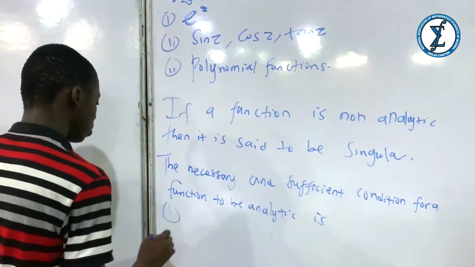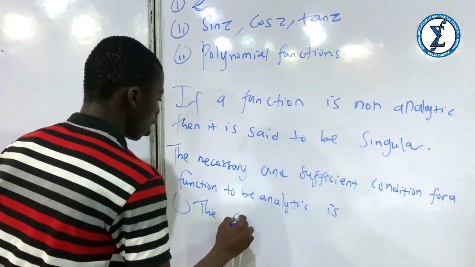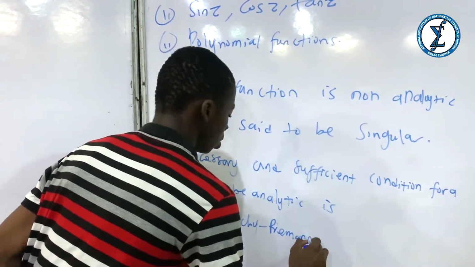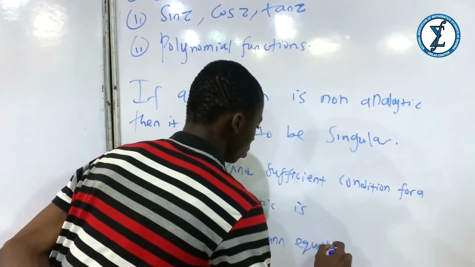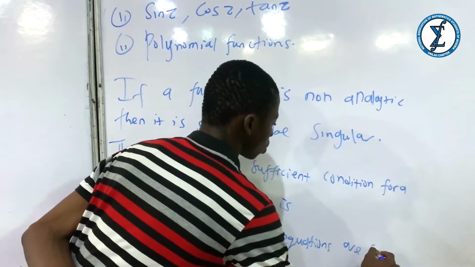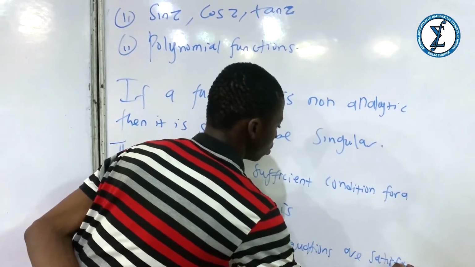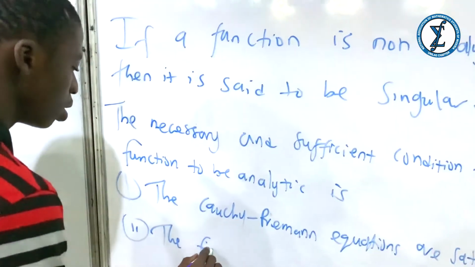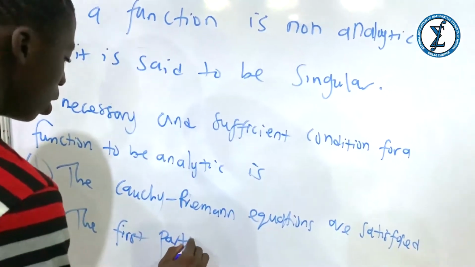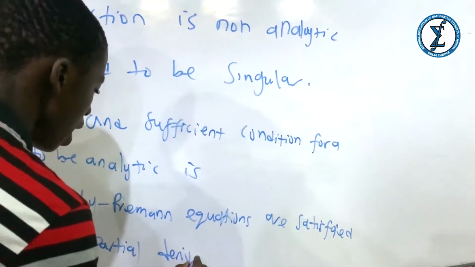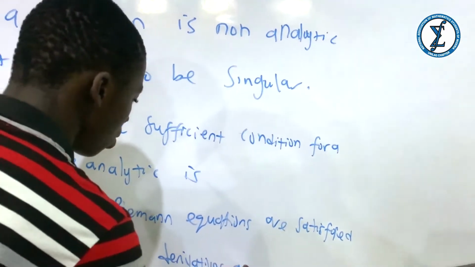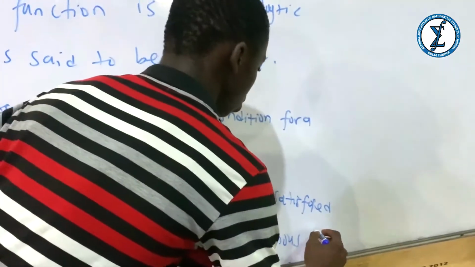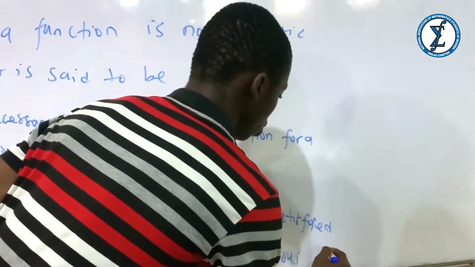One, the Cauchy-Riemann equations are satisfied. Two, the first partial derivatives are continuous on the complex plane.